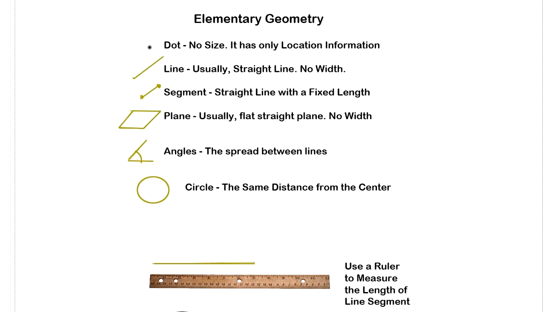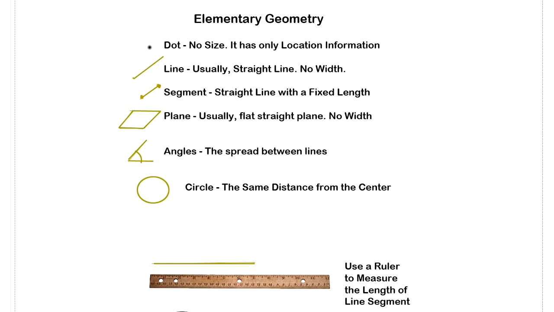A segment is a fixed length. That means a line stretches infinite length, right? And the plane, usually flat, straight plane, and no width. The plane also has no width, okay?